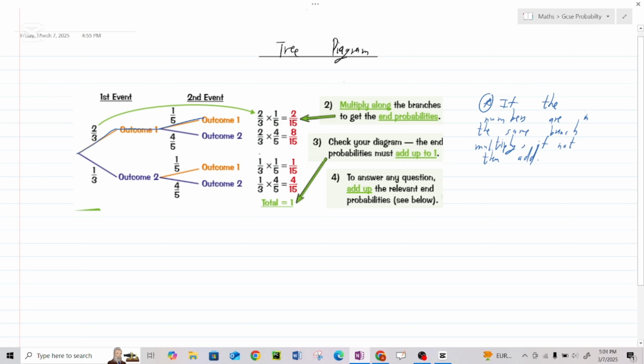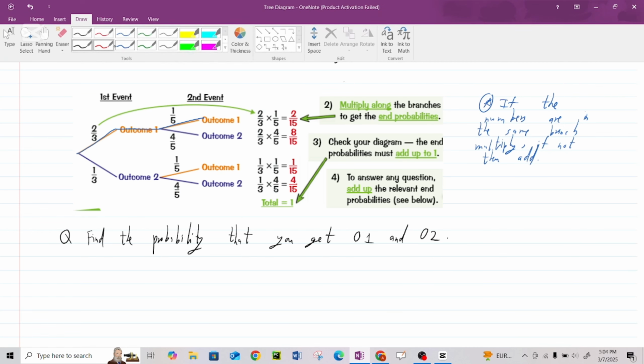Now what if someone says, let me write the question here as well: find the probability that you get outcome 1 and outcome 2. Now don't rush to the answer.